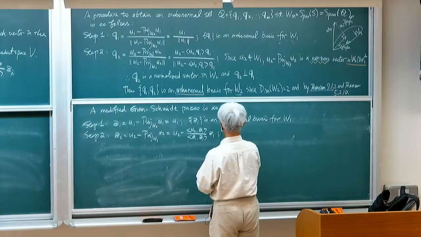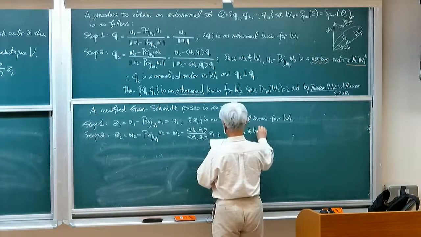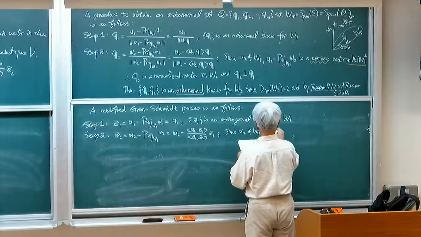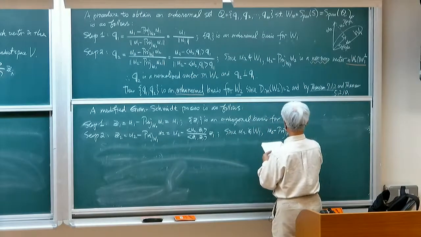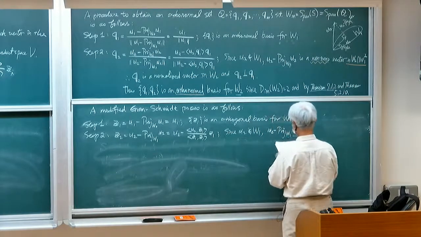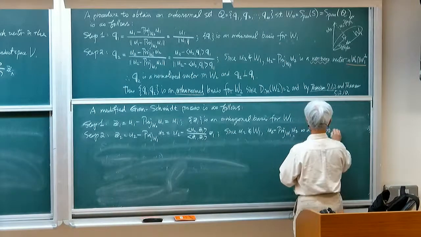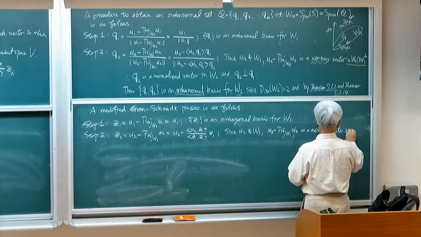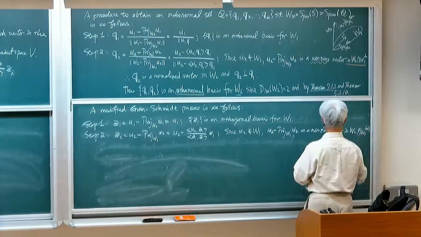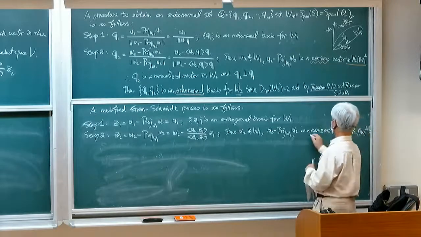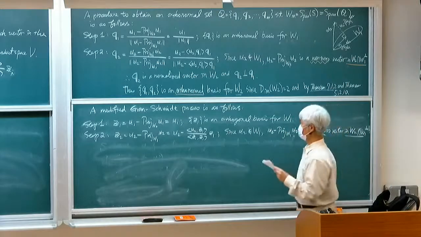Now, since U2 is not in W1, we know U2 minus the projection of U2 onto W1 is a non-zero vector in W2 intersect W1 perp. So the reasoning is the same as in our original procedure.